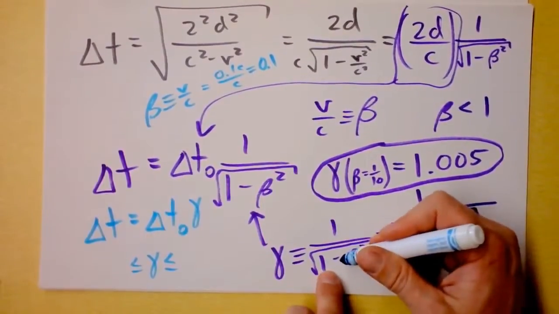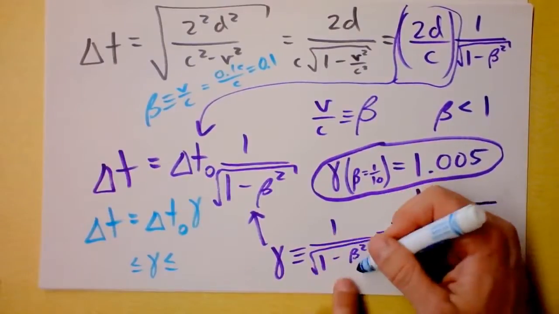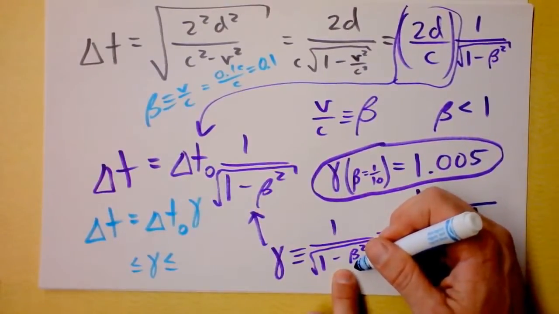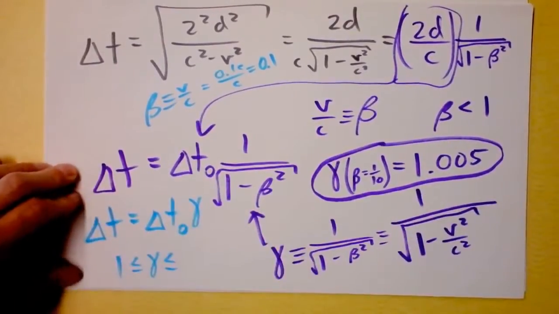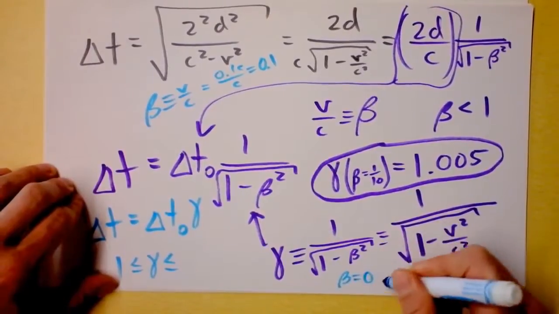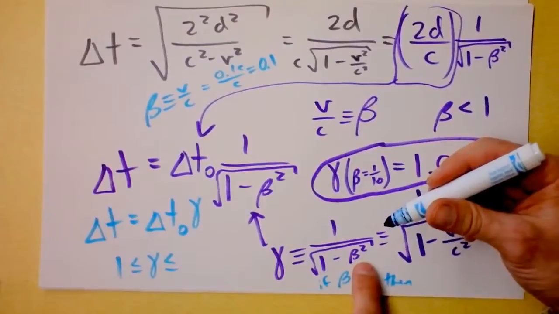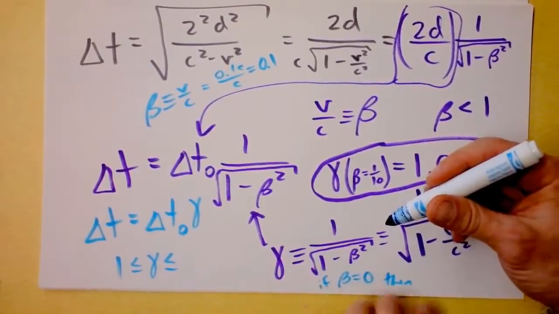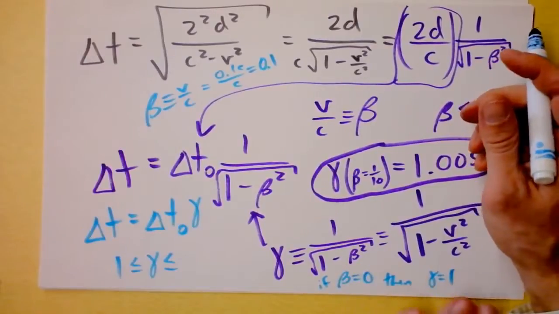And now I have a number that is between 0 and 1, and I'm dividing 1 by that number between 0 and 1. Are you ready to do that? This gamma, therefore, is going to be bigger than 1 all the time. The only time gamma could be 1, let's try it out. If beta equals 0, then we're taking 1 minus 0 and square rooting it, we get 1, so gamma is 1. What if beta is really big? Well, we can look at that at another time.